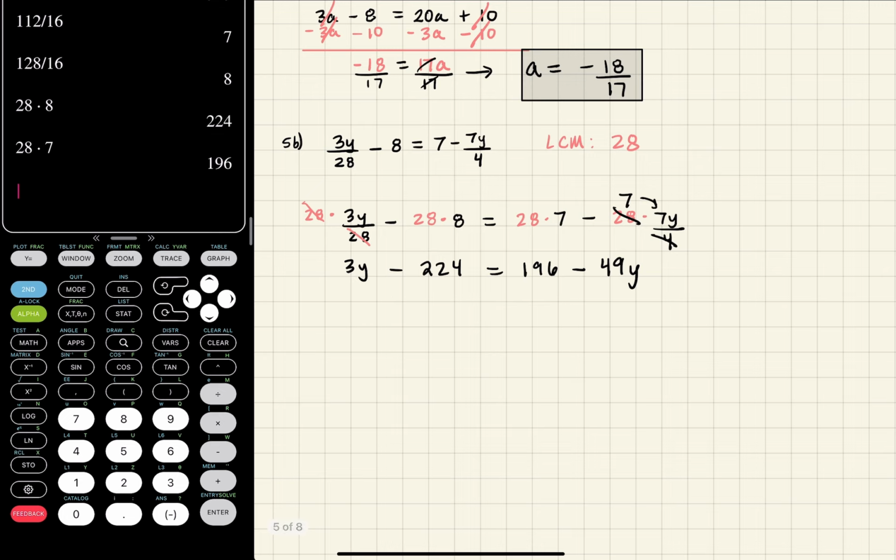There's no fractions involved. We just need to get all of our variable terms on one side and all of our constants on the other. So I'm going to move the 49y over here with the 3y, and I'm going to move the 224 over here with the 196.